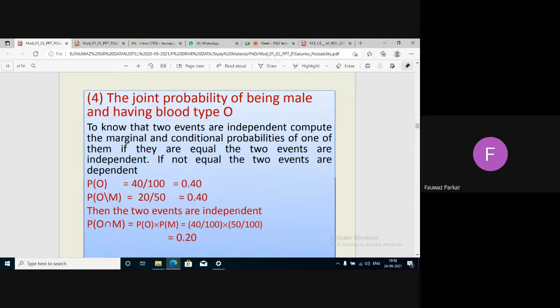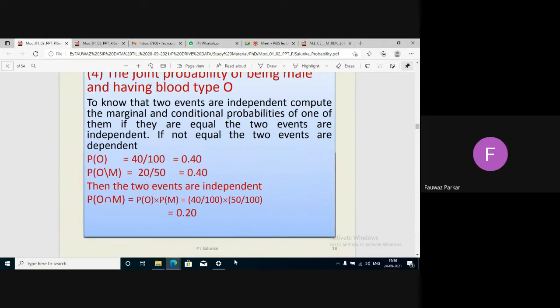The both events are independent, so probability of O intersection M, male and having blood group O, is probability of O into probability of M. Probability of O is 40 by 100, probability of M is 50 by 100, because 50 males are there. So simply you can find it by the formula also.